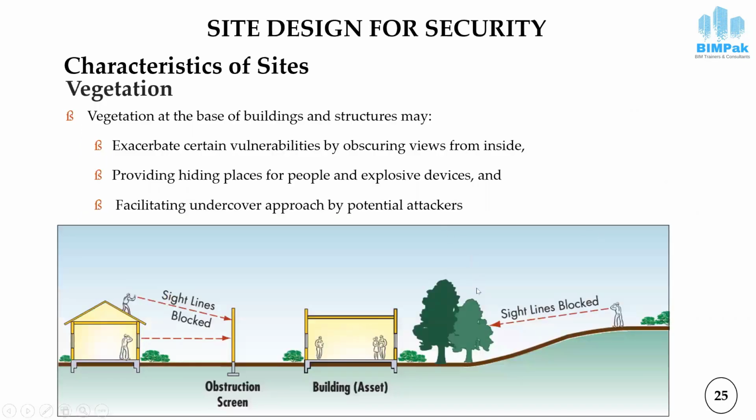Similarly, vegetation has a positive impact on the planning as well as negative impact. Its negative impact is that it will hide this area. For example, if you have a check post at this elevated position, this area is blocked by this tree.